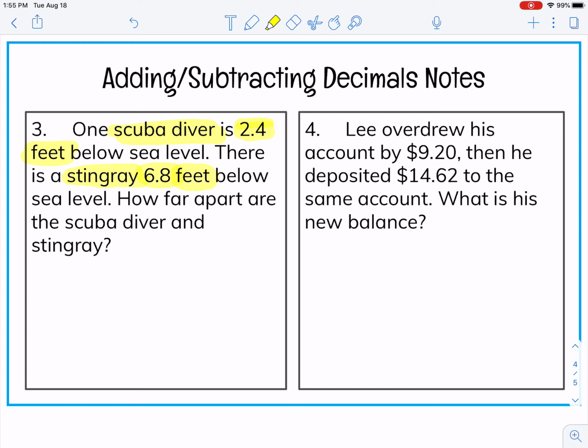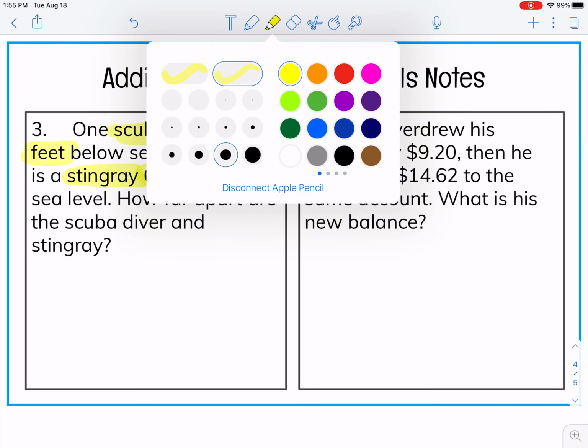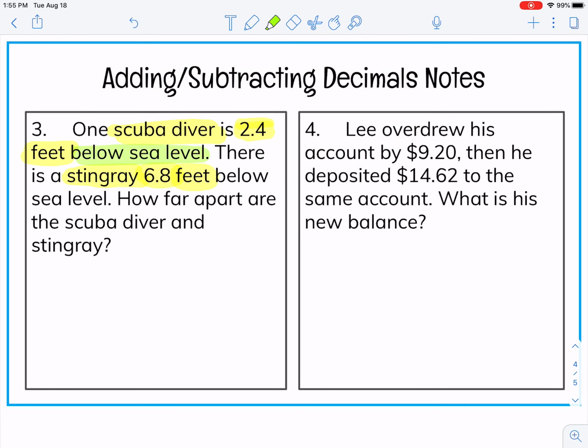So if we know that it's below sea level, that tells you that it's going to be under the sea and our numbers are going to be negative.